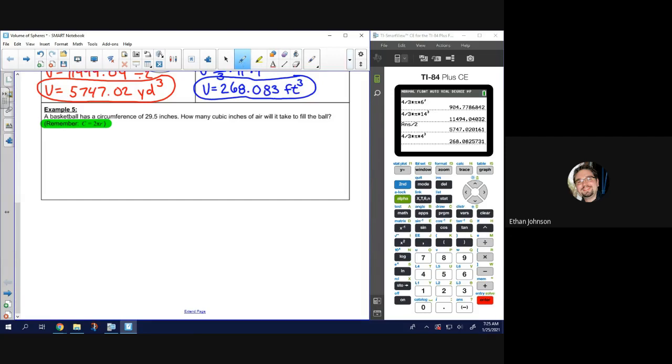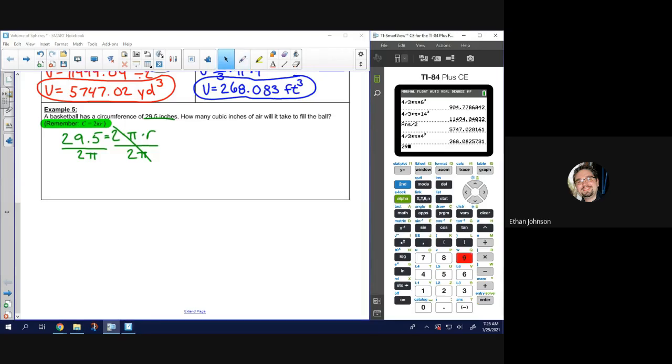So first in this problem, we need to find our r. If we know our circumference is 29.5 inches, I can say 29.5 equals 2 times pi times r. Well, I want to get r by itself, so I'm going to divide both sides by 2 pi. I'll type it in the calculator.